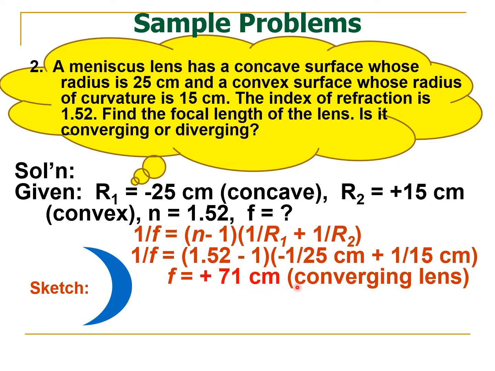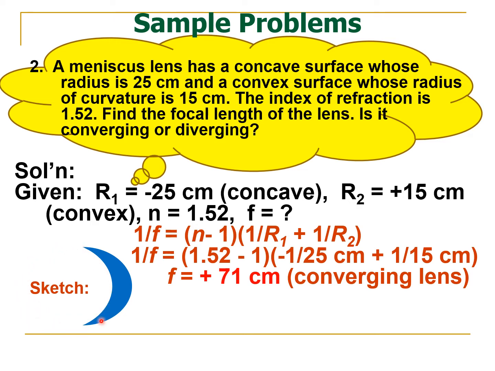Just like what we did in the first example, if we compare the magnitude of our radius R1, which is a concave surface, it is longer than that of the convex surface. So if you draw it carefully, we will arrive at this kind of sketch. The concave surface, the one facing to the left, has a greater radius of curvature.